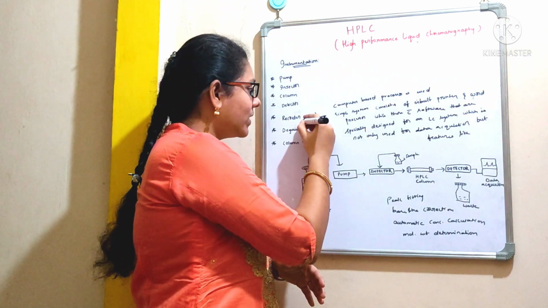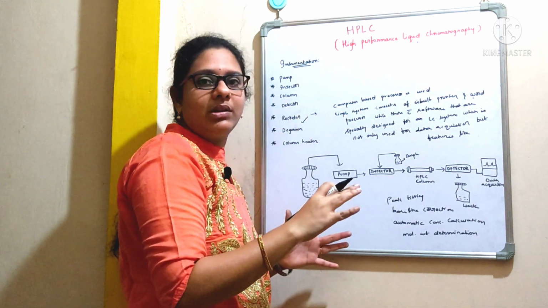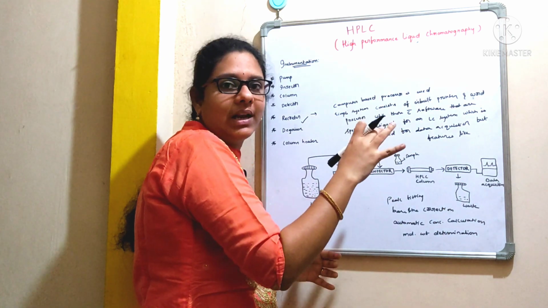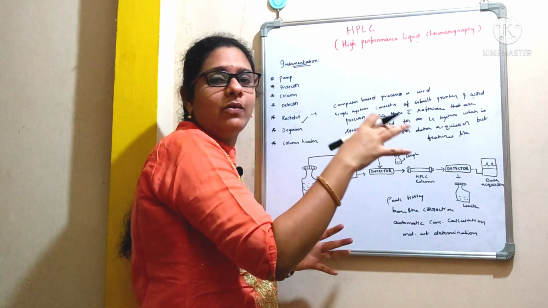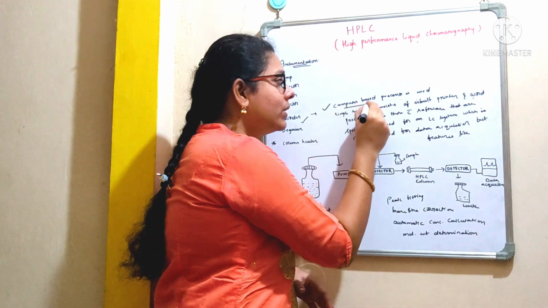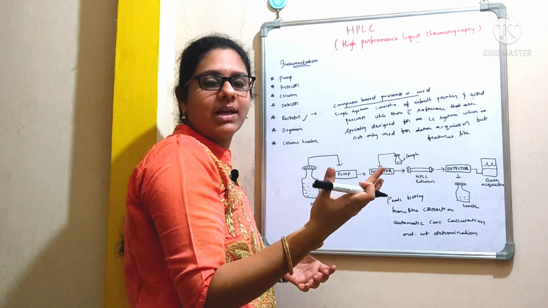Coming to the other one, that is the recorder. Just now I told you that if there is any change in the mobile phase, that will be detected by a detector in the form of an electric signal. But still we can't visualize that electric signal, right? Nowadays, computer based processors are used. There are different types of processors available.